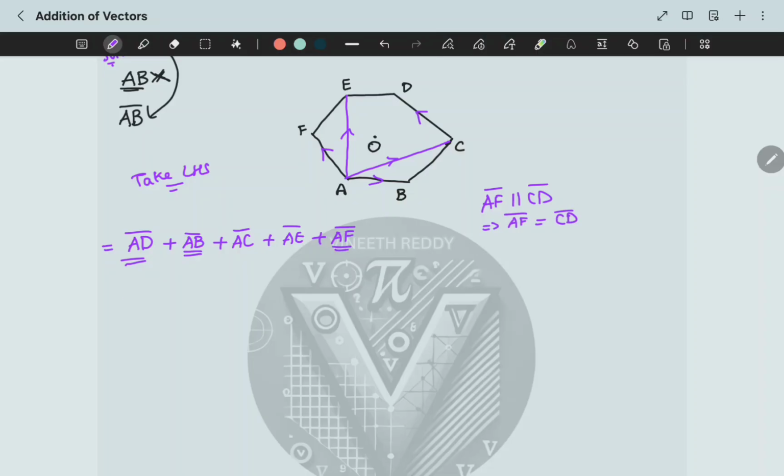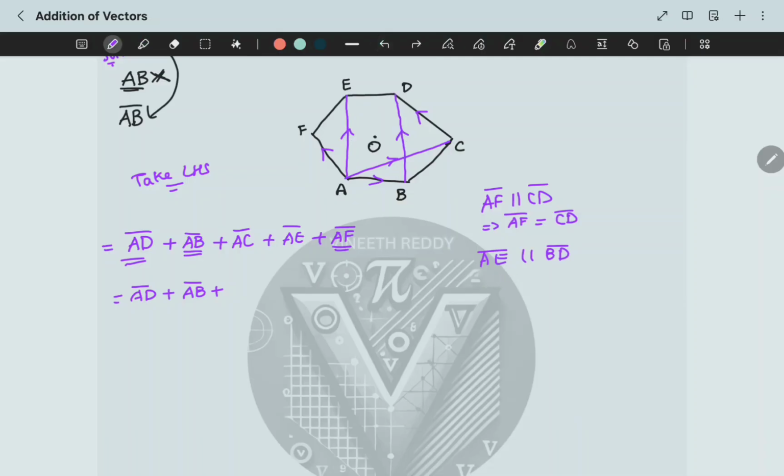So we will write AF vector as CD vector. Okay, and then we will also write, see, AE is parallel to BD, right? Also AE vector is parallel to BD vector. AE vector, this is AE vector, it is parallel to BD vector. I hope you understood this, right?